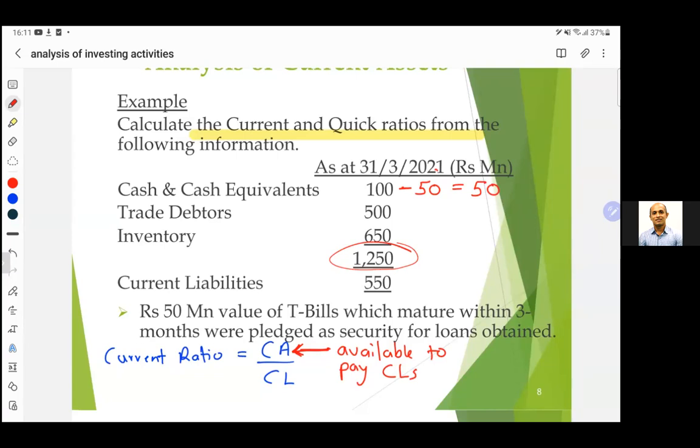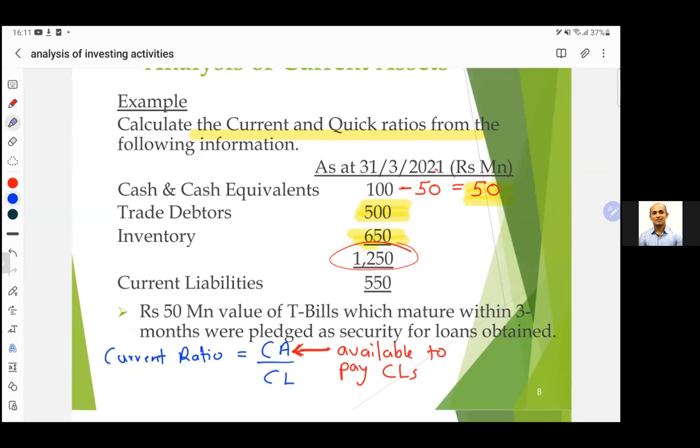Then how much current assets are available to pay current liabilities? Cash and cash equivalents 50, trade debtors 500, inventory 650. So how much total current assets are available to pay current liabilities? 50 plus 500 plus 650, 1200.